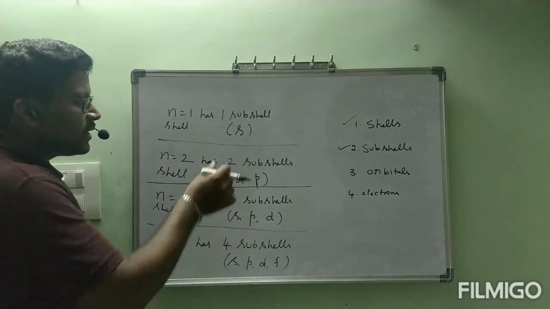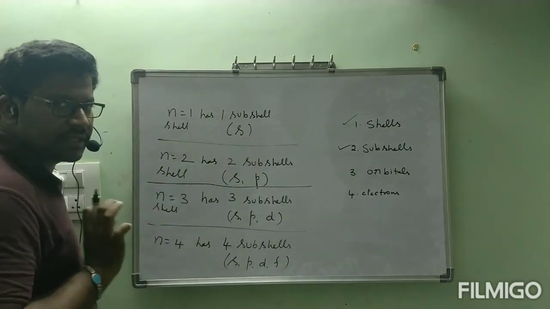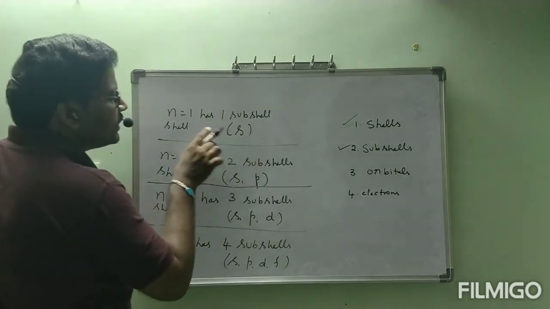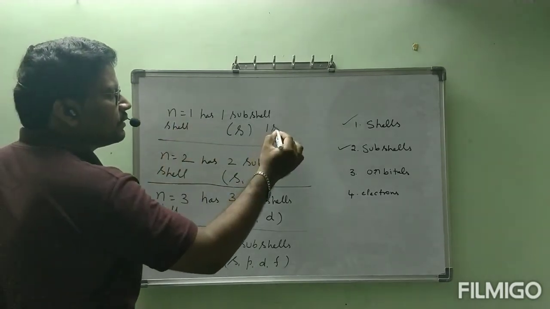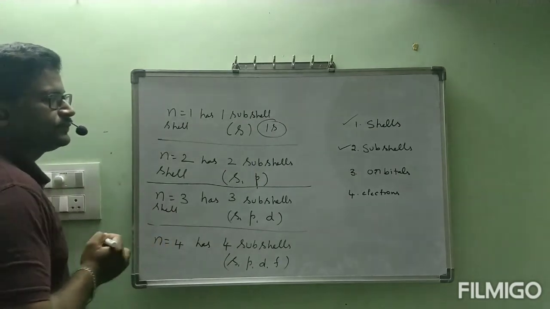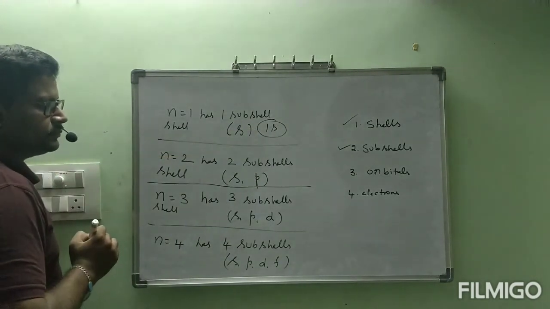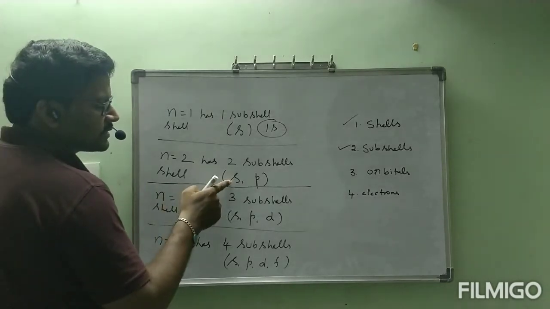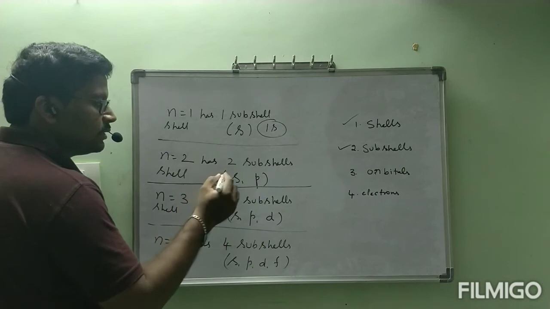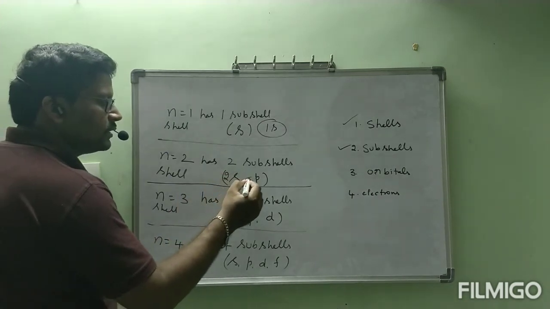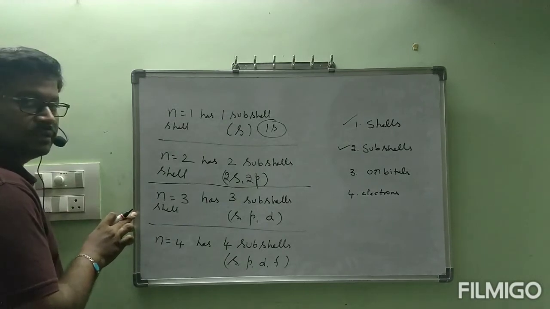But what is the difference between this s and this s? If you get a doubt like that, this belongs to which shell? First shell. So this is 1s. This s is nothing but 1s. This s belongs to which shell? Second. So this is 2s. This is also 2p. Both belong to the second shell only.